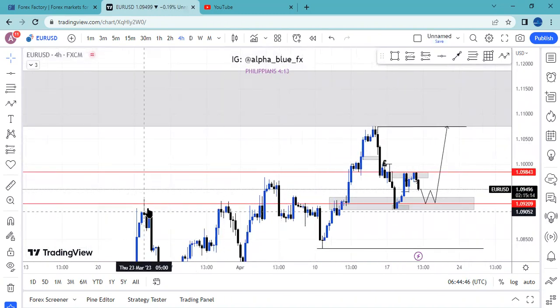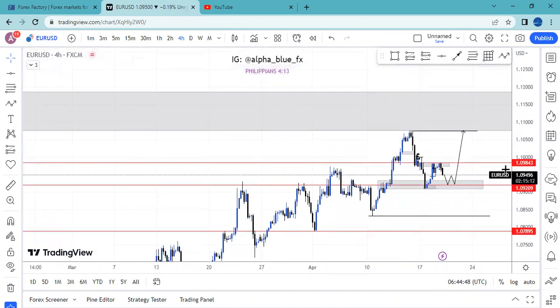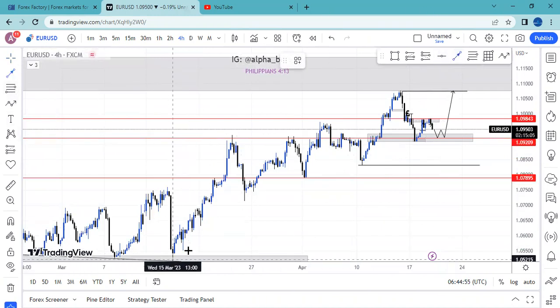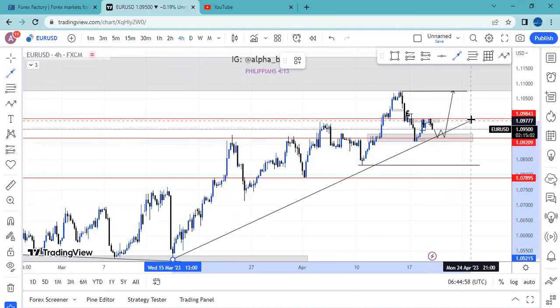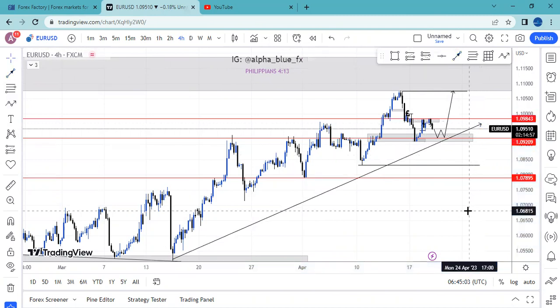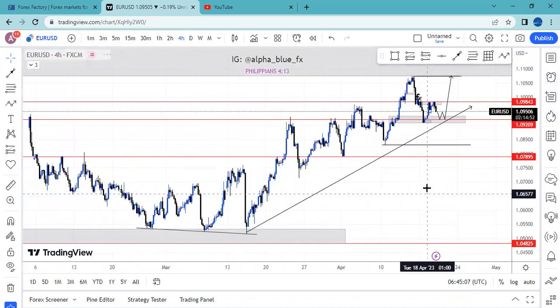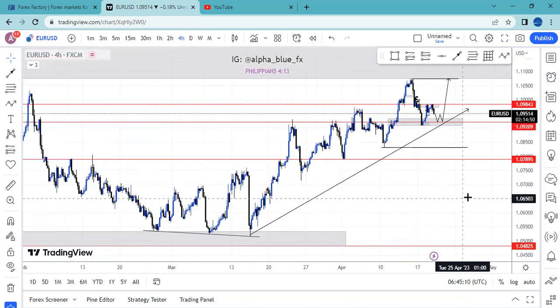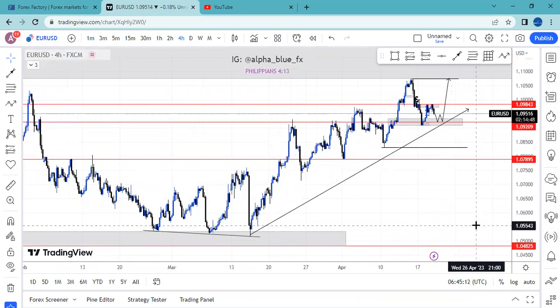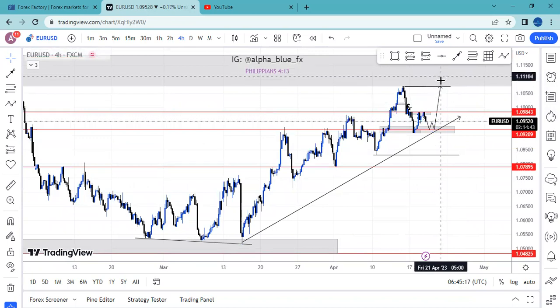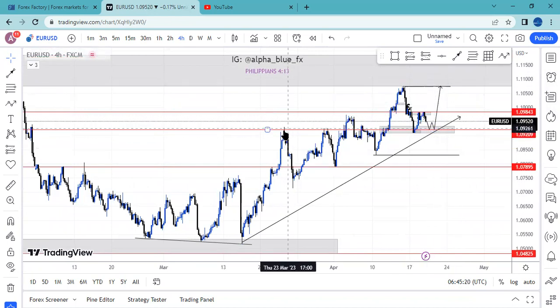As you can see, it has been creating higher highs. Let's even look at the bigger time frame picture. Look at what it has been doing for a very long time. It has just been buying, right? It has been very bullish. One may even say it is still respecting this kind of trend line. It's not accurate, but you get the picture. So it's very normal for us to still see Euro USD being bullish, buying and taking out the previous highs, because that's what it has been doing all this while.